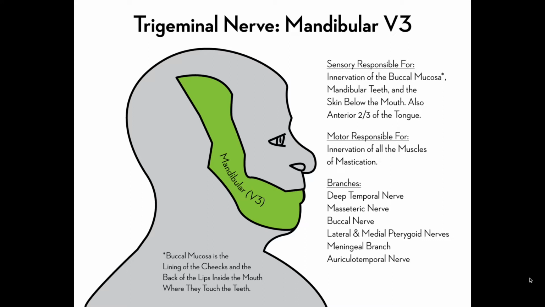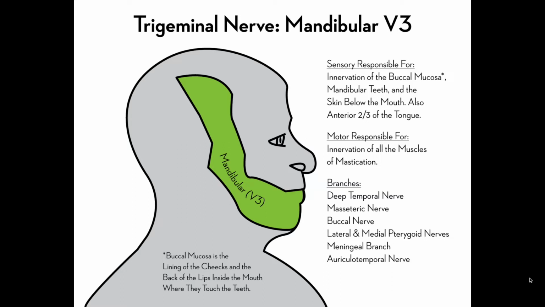The mandibular section of the trigeminal nerve is the sensory area responsible for the innervation of the buccal mucosa, which is the lining of the cheeks and the back of the lips inside the mouth where they touch the teeth, the mandibular teeth, which are like the lower teeth, and the skin below the mouth, also the anterior 2/3 of the tongue.